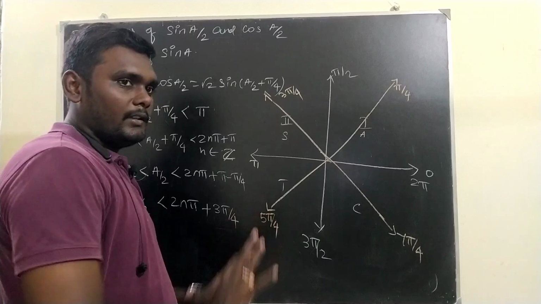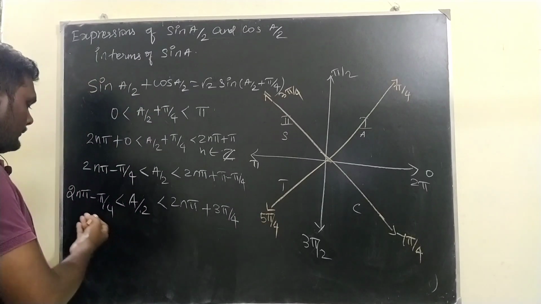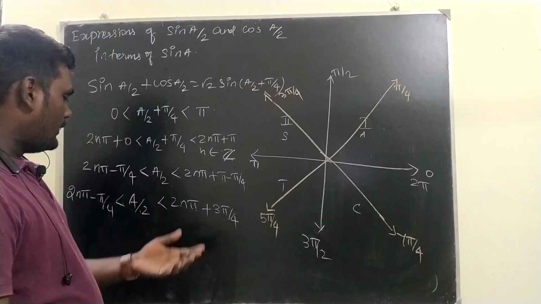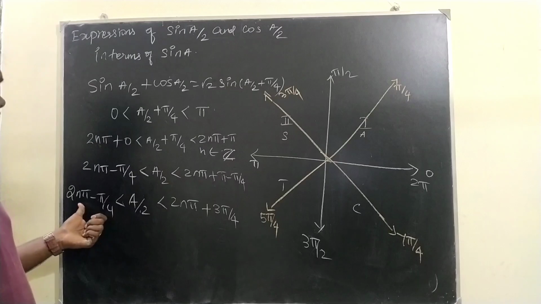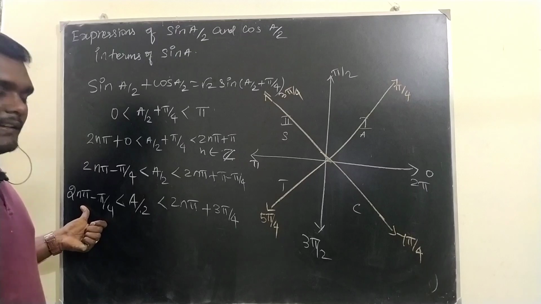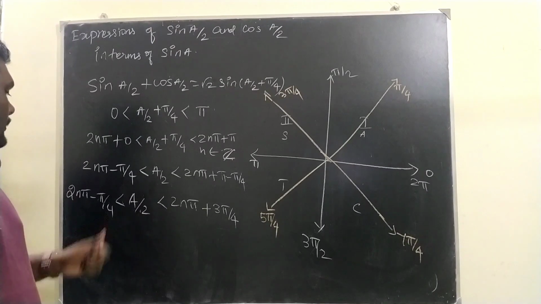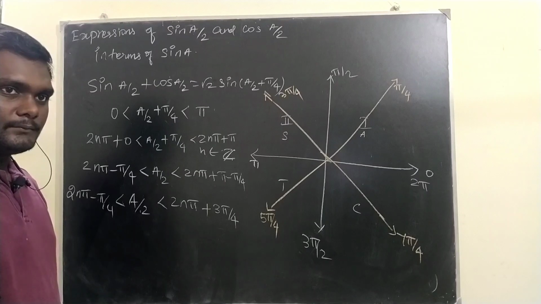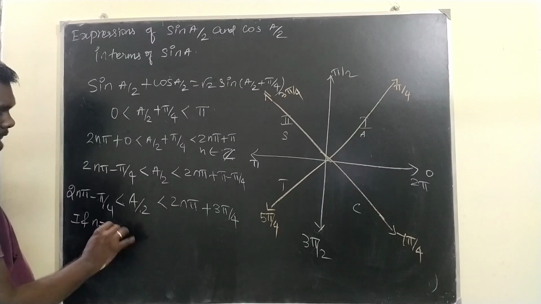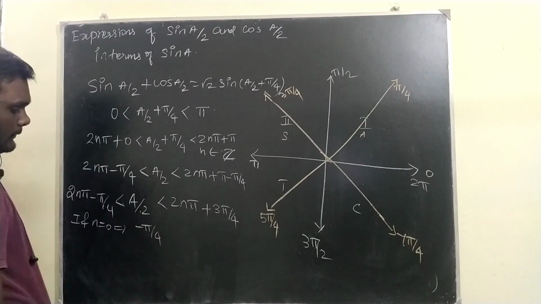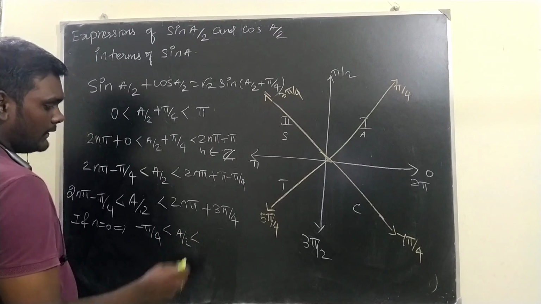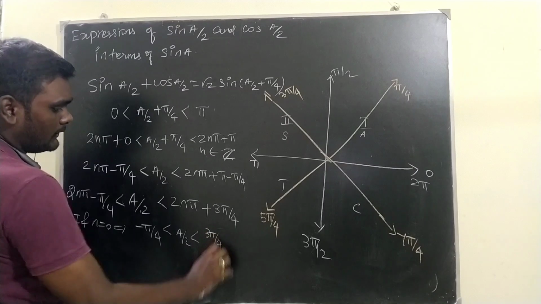Now, using this, see, 2n pi minus pi by 4, where will it come? Take n equals 0, because n is an integer, I said, right? Suppose n is 0, then we will have minus pi by 4 less than A by 2 less than 3 pi by 4.